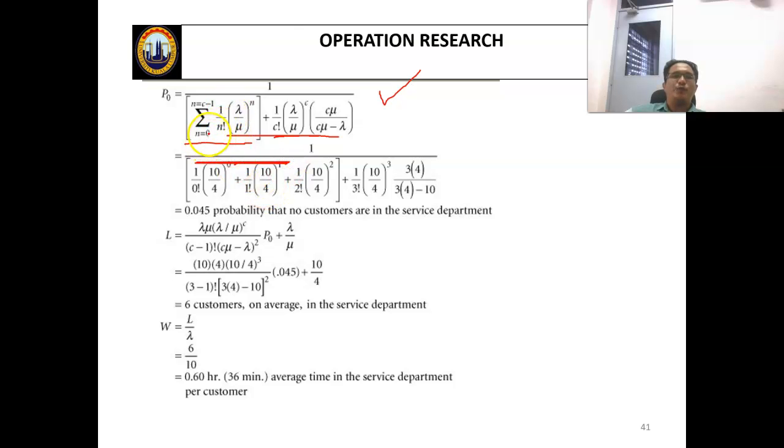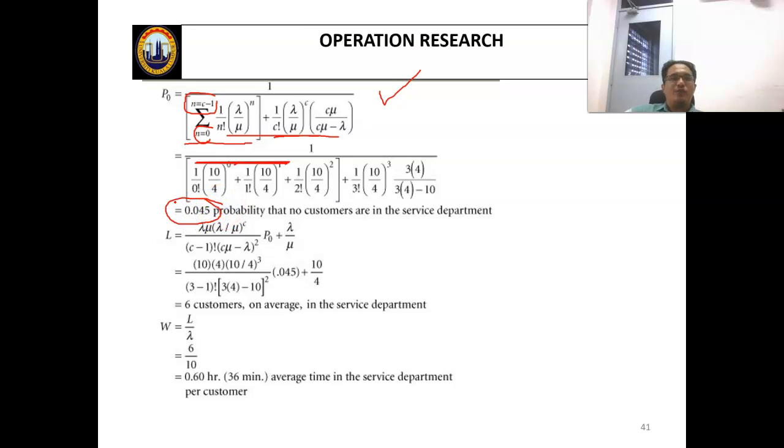So n goes from 0 to c minus 1, which is 2: 1 over 2 factorial times 10 over 4 to the power of 2. Then 1 over 3 factorial times 10 over 4 to the power of 3, times 3 times 4 over 3 times 4 minus 10. So the answer is 0.045.